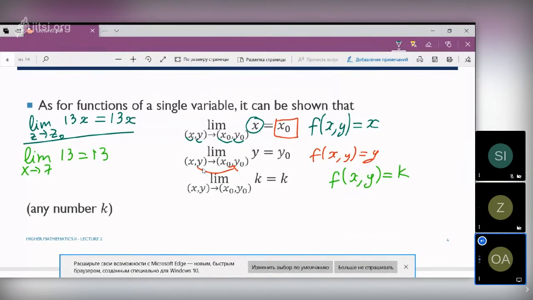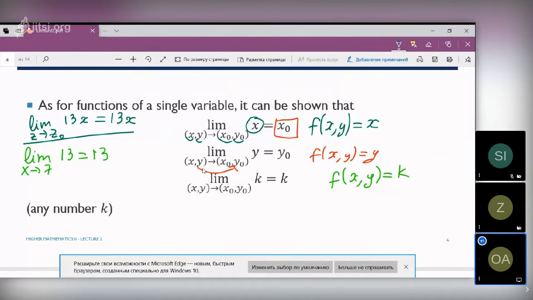So 13x. This question says that instead of z, put z0. But do we have z here? No, we don't have. So the answer will be this 13x, this expression itself.